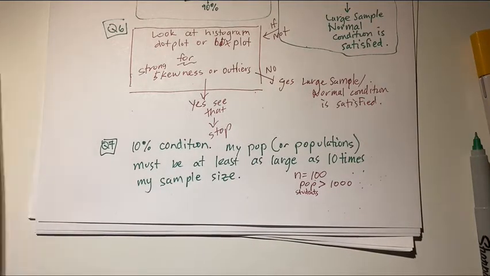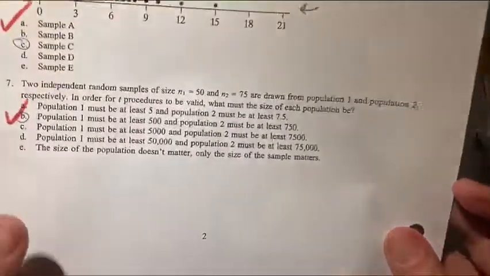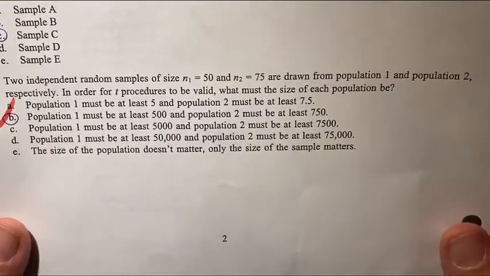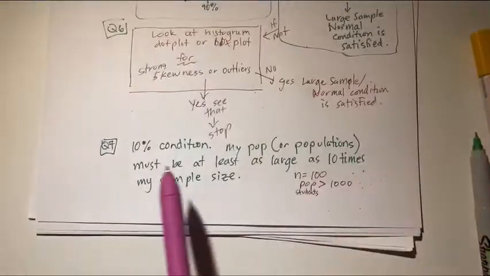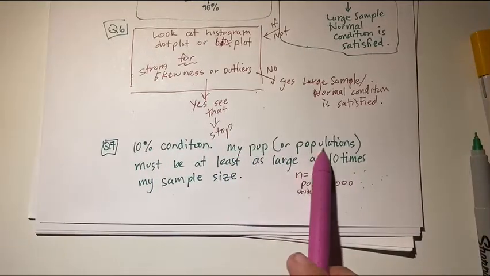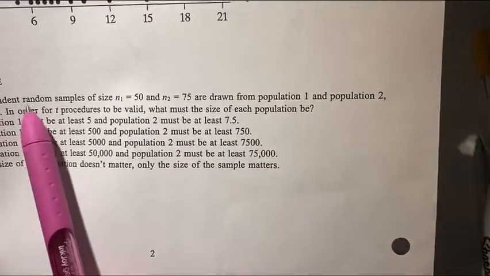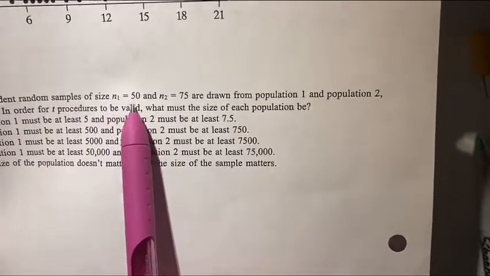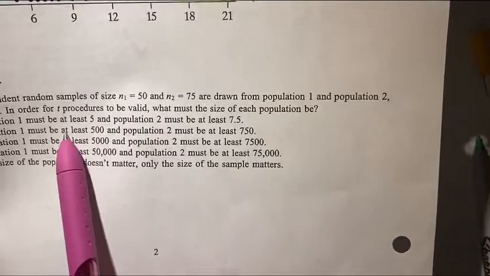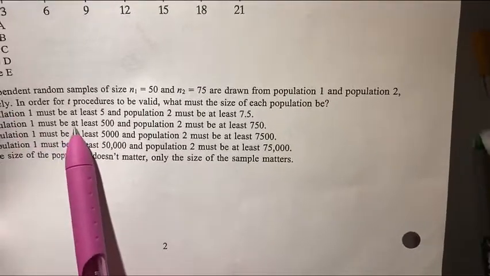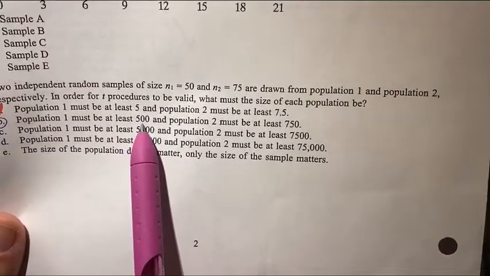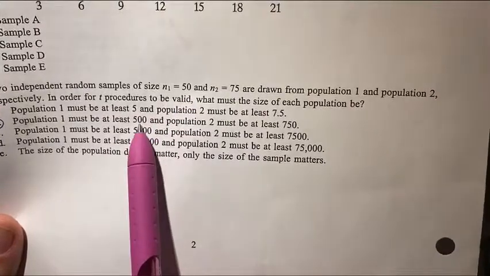So which one says that? If we look at 7 again, it says 2 independent random samples. Okay, so it says my population or populations, all right? So if I have 2 independent samples, the first sample, so that would mean at least that population 1 must be at least 500 because that's 10 times the sample size.